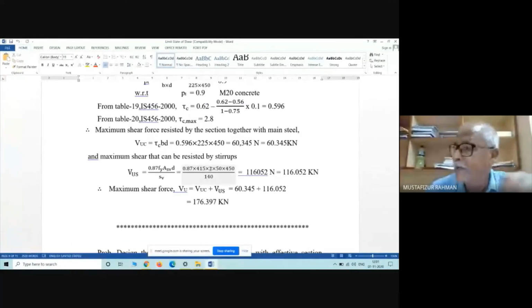For 8 mm diameter, our cross-sectional area is 50 square millimeters. From that we get the total shear force that can be resisted by the member, which is 176.397 kilonewton.